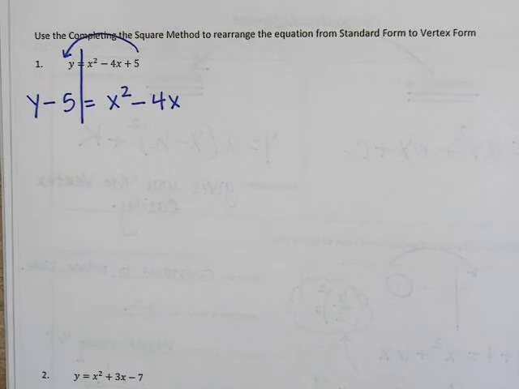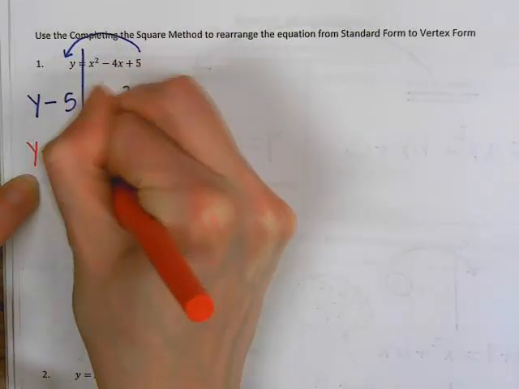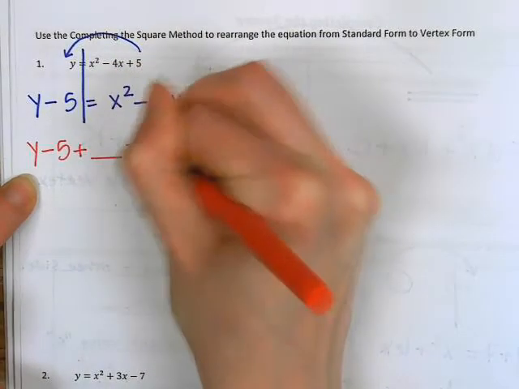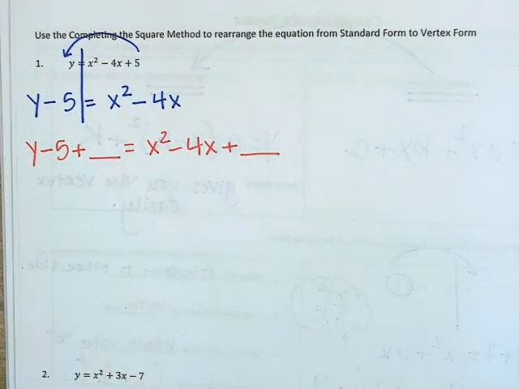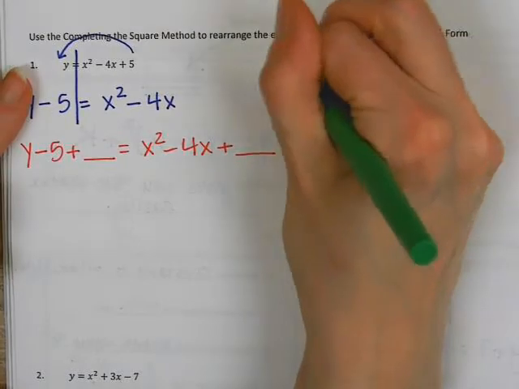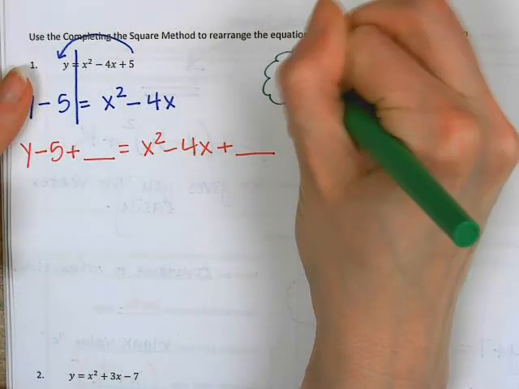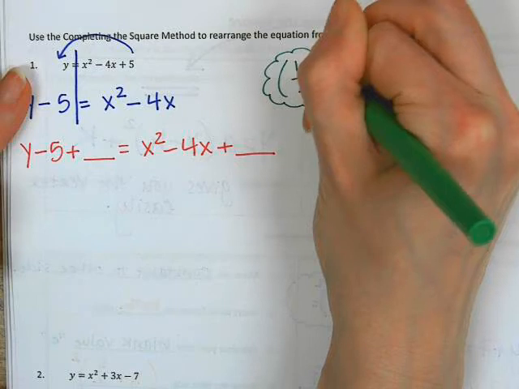Next step, leave a blank: y minus 5 plus blank equals x squared minus 4x plus blank. Great. How do we find the blank? To find the blank, it's b over 2 squared.